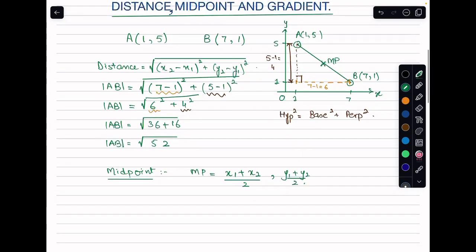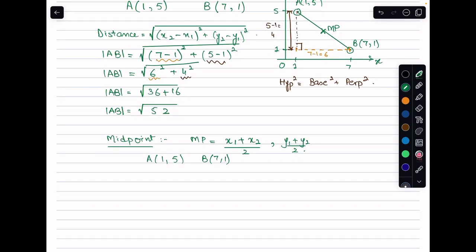And for the same line that we have with A as (1, 5) and B as (7, 1), if I need to find the midpoint, then I can say that my midpoint is equal to (1 plus 7) divided by 2 and (5 plus 1) divided by 2 here.